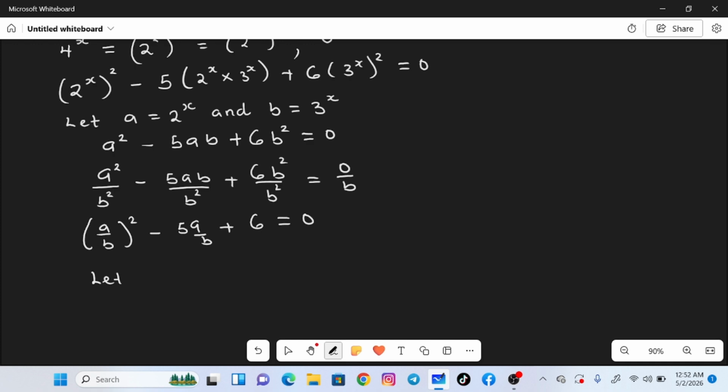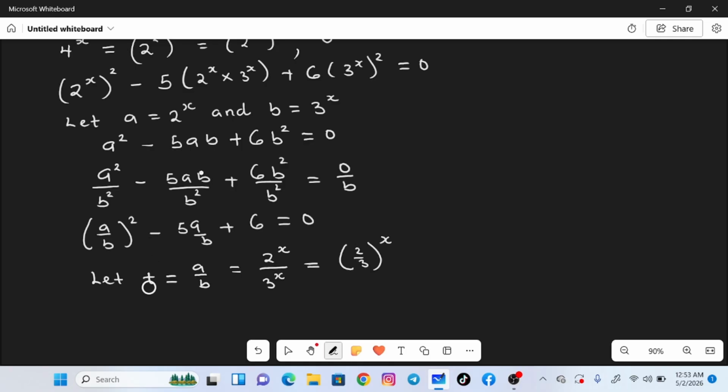Let t equal a over b, but don't forget that our a is 2 raised to power x, our b is 3 raised to power x, which is equal to 2 raised to power x over 3 raised to power x, which can be written as bracket 2 over 3 raised to power x.